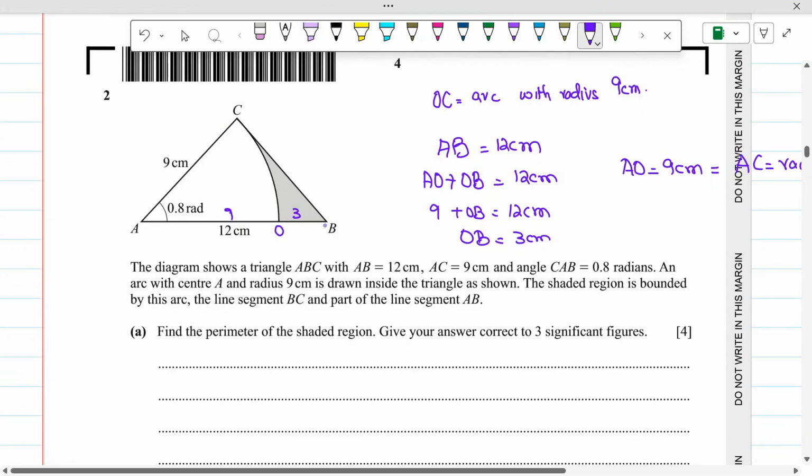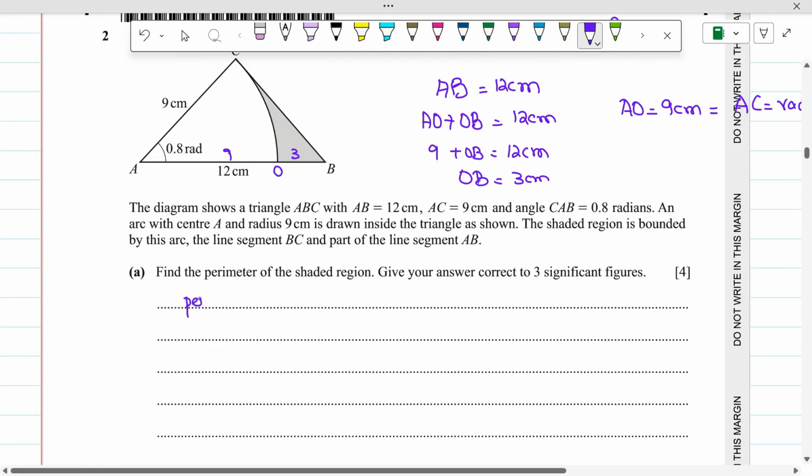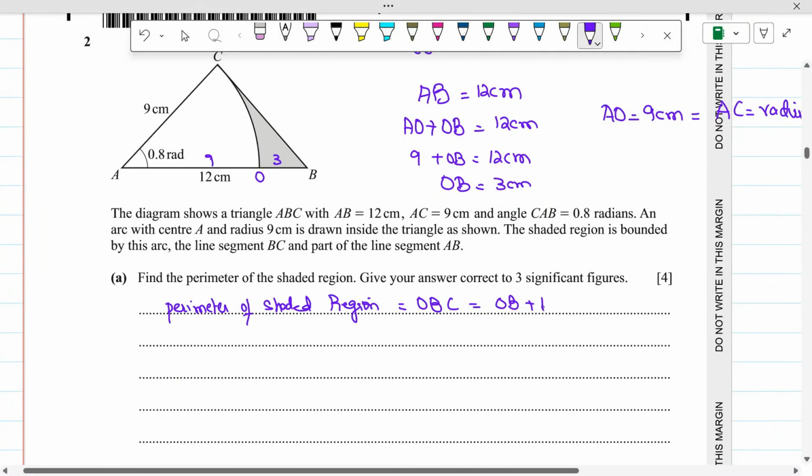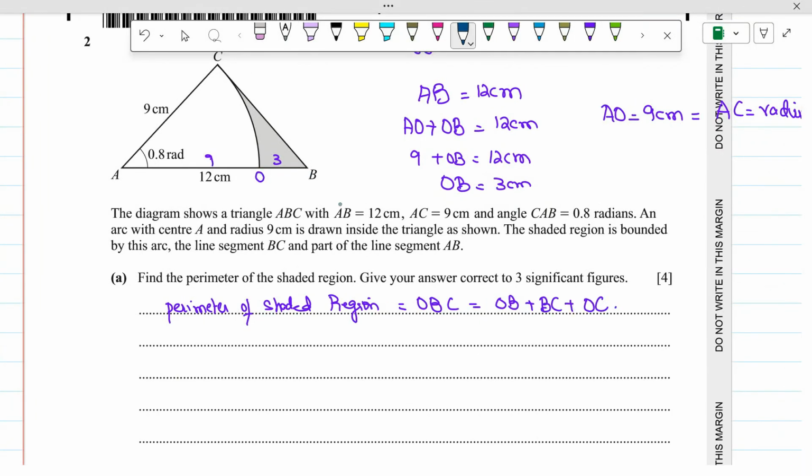We need to find the perimeter of the shaded region, and the perimeter of the shaded region is equal to OBC. So perimeter of shaded region is equal to OB plus BC plus OC, where OB is a part of line AB we just calculated, which is 3 centimeters.